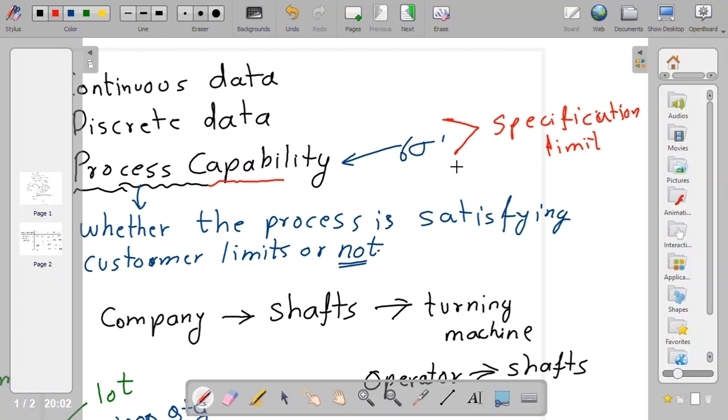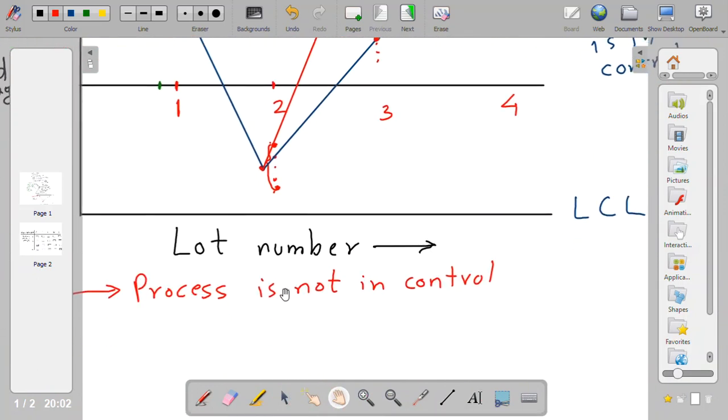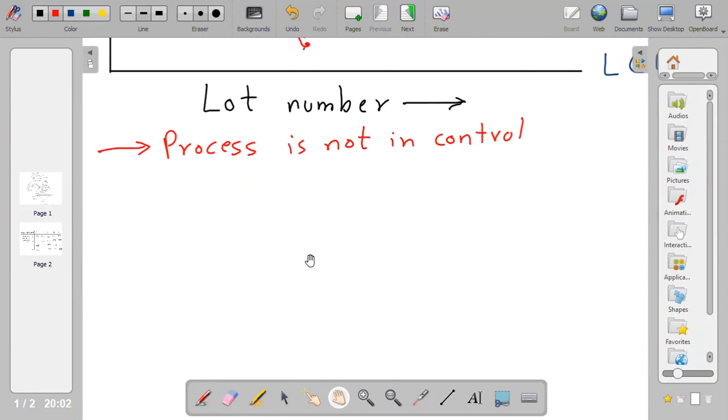Suppose it is less than the specification limit, then we say the process is capable. So the first and most important thing is that the process must always be in control in order to check the process capability. So let's start with it.